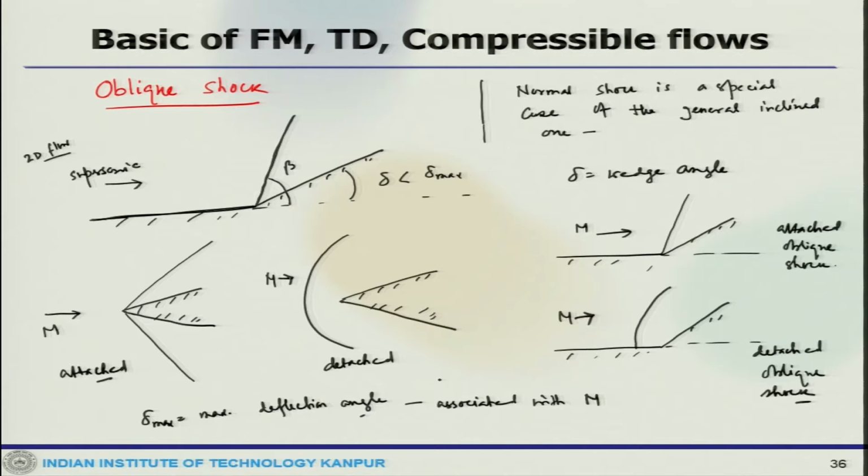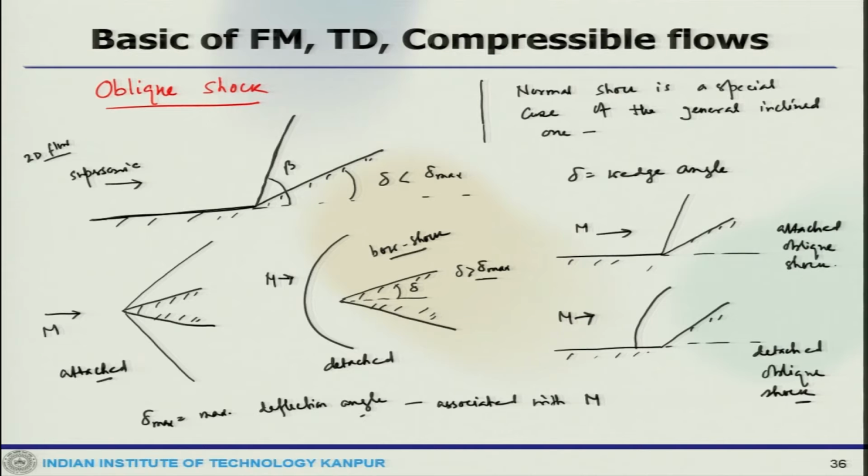When the deflection angle exceeds delta max, then a detached shock forms, which is a curved waveform. This is called a bow like pattern or bow shock. So, in this case delta is greater than delta max. That means the deflection angle which is here, this is the delta, the deflection angle is greater than delta max.